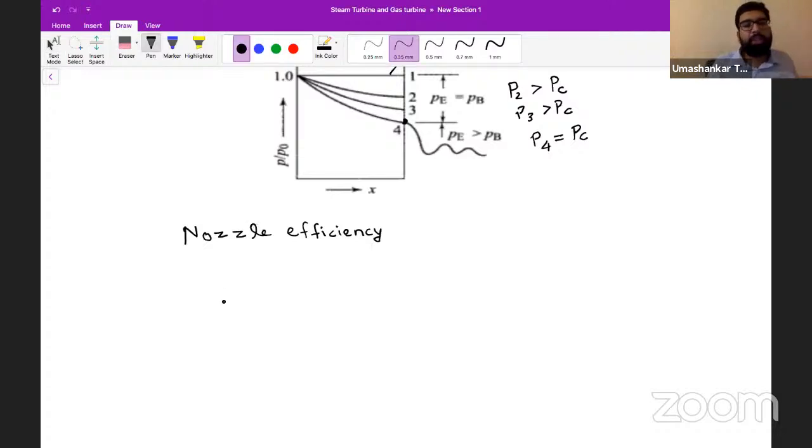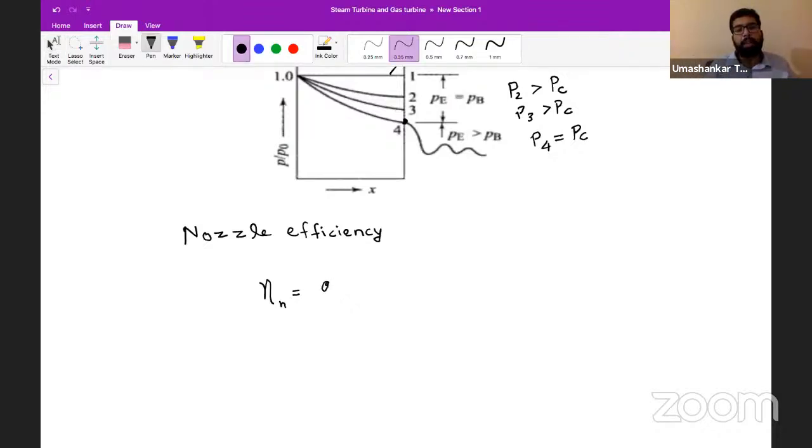Why are we incorporating this term? Because in actual, due to friction, the flow of gas or steam or superheated steam in the nozzle is not exactly isentropic. To compensate for that difference, we incorporate a term, nozzle efficiency.